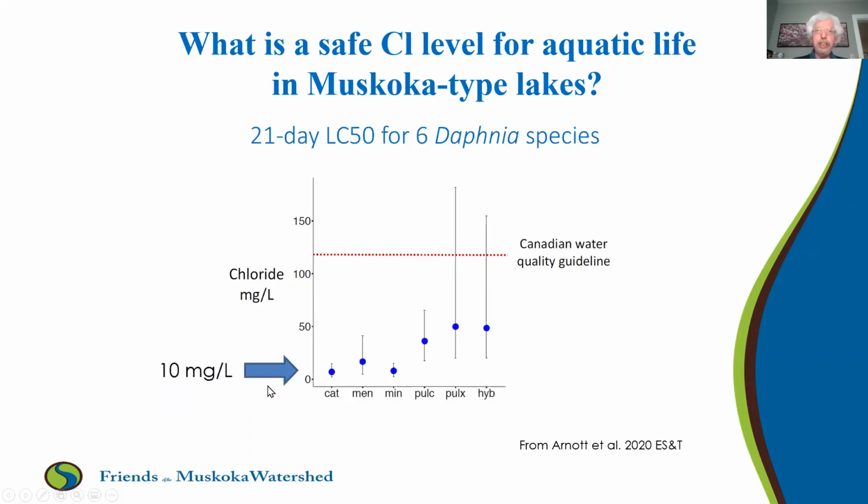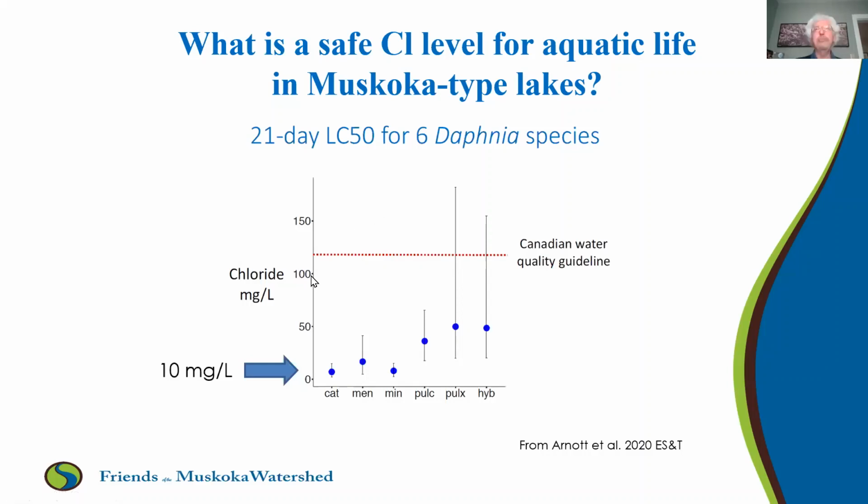And the answer is, if the chloride level is around 10 milligrams per liter, or perhaps 30 or 40 milligrams per liter, these animals die. That's what an LC50 is. This is the concentration of chloride that kills half of these native species in the lab in 21 days. And if the chloride is more than 10 milligrams per liter in waters like ours, these animals die.